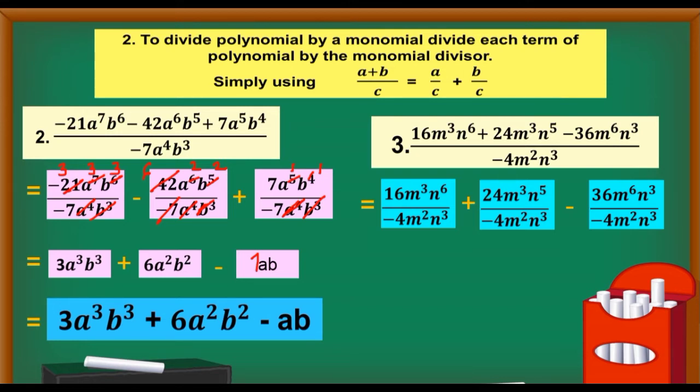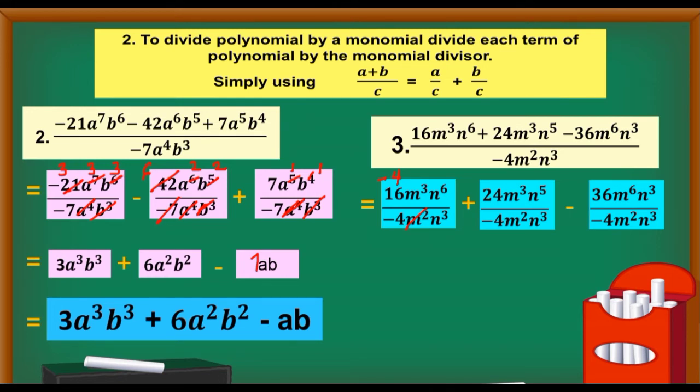So, gawin natin ulit yung by cancellation kasi mas madali po tayong mag-divide kung magka-cancel na lang, lalo na kapag may variable. So, magiging 16 divided by 4 is, since positive divided by negative, so we have negative 4. Ayan. And then, m cubed divided by m squared. Since mas mataas po yung nasa numerator, cancel na natin yung nasa denominator.